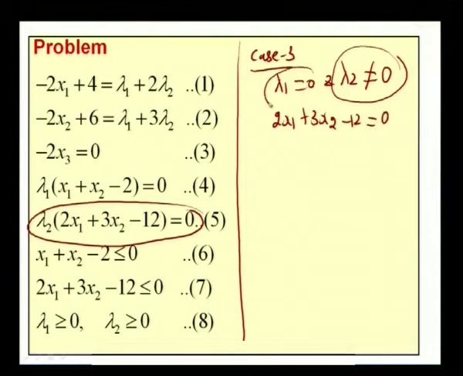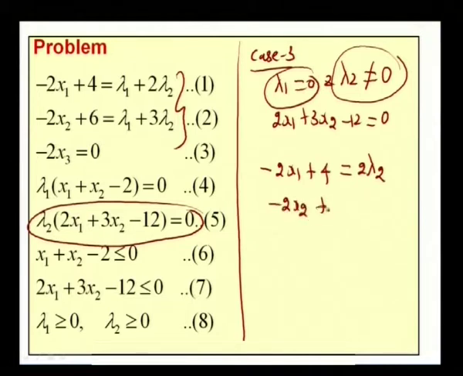Now, since lambda 1 equal to 0, from the first two equations we have minus 2x1 plus 4, and the right hand side of equation 1 becomes 2 lambda 2. Next, since lambda 1 equal to 0, equation 2 gives us minus 2x2 plus 6 equal to 3 lambda 2.